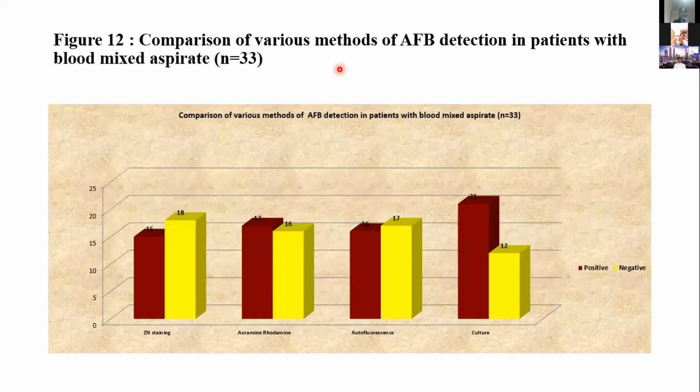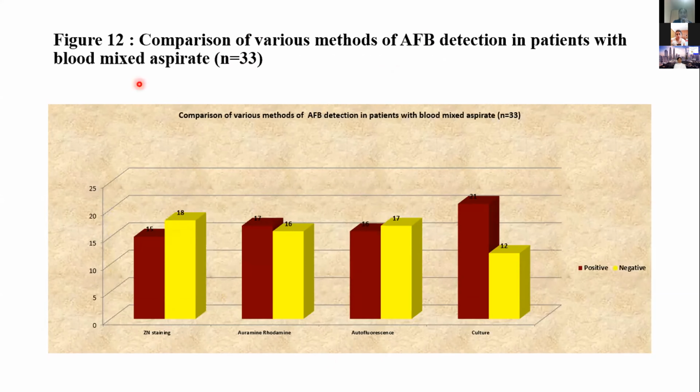Now, we compared AFB bacilli detection with the different methods like Ziehl-Neelsen staining, auramine rhodamine, autofluorescence, and culture. On the blood mix aspirate, there were a total of 33 patients.